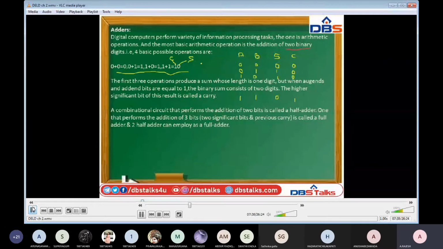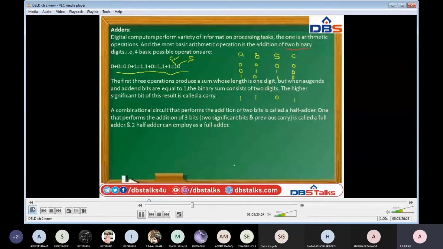But when the augend and addend bits are both 1, the binary sum consists of two digits, that is 1 0. The higher significant bit of this result is called the carry.